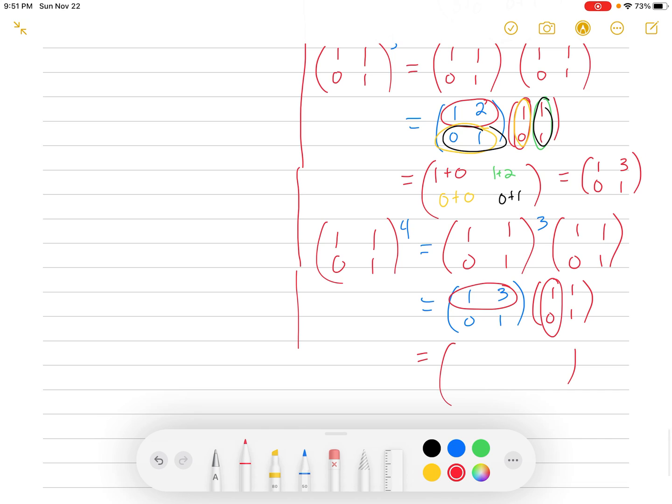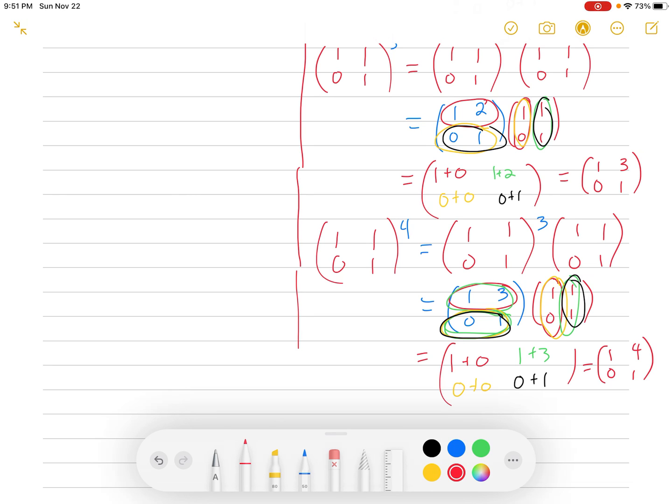First row, first column multiplication, 1 plus 0. Okay, let's do the first row, second column multiplication. It's going to be 1 plus 3. Let's do the second row. First column multiplication is going to be 0 plus 0. And let's do finally the second row, second column multiplication is going to be 0 plus 1. So it'll be 1, 0, the first column, 4, 1, the second column.